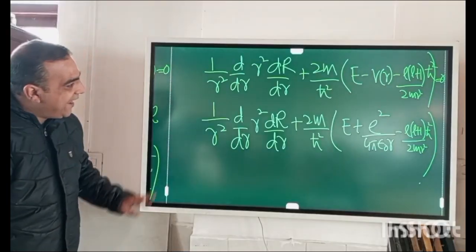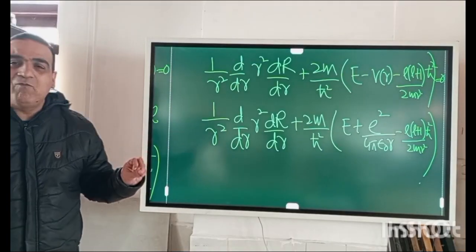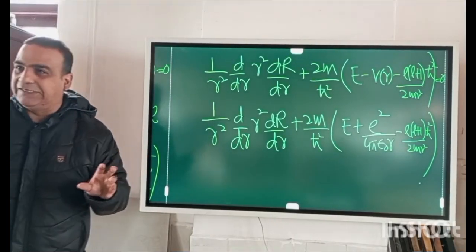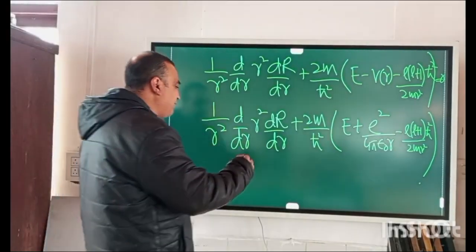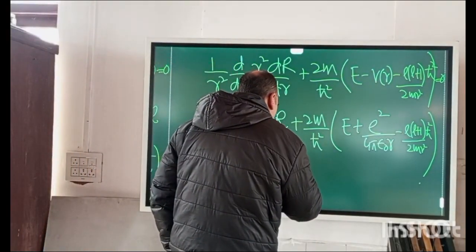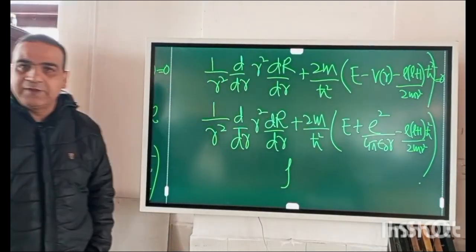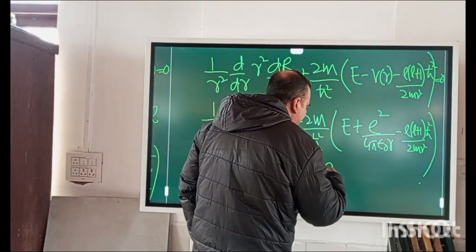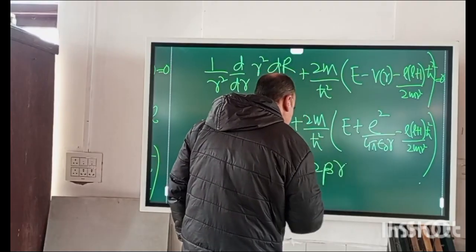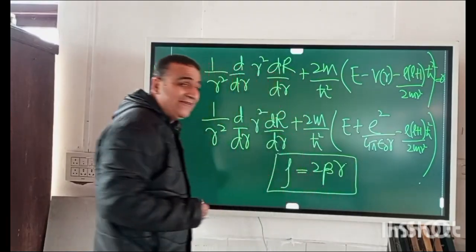Now, the things are going like this, and I want to introduce another variable here. Say I introduce a variable like rho. This rho I will take as equal to 2 beta r. Now the question is, what is beta?